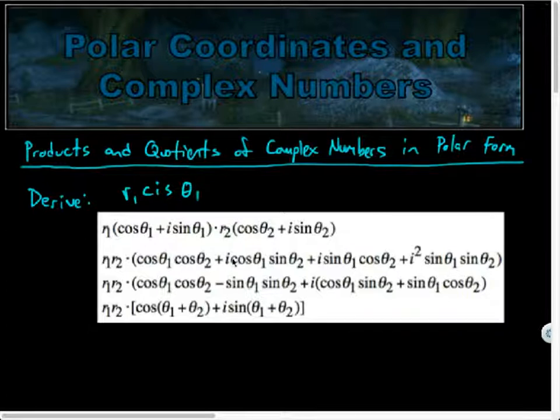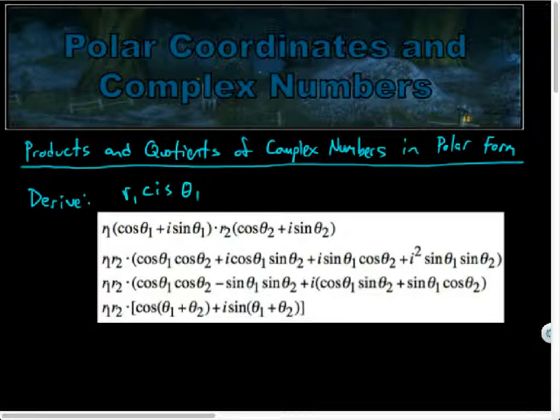And now what we end up doing is we group our like terms. The i squared is equivalent to -1. So then I'd have a negative sine theta 1 sine theta 2, and I moved that over here. So I've got my real components, so to speak, of this complex number, and then I've grouped the two imaginary components over here, and I've factored out the i from both of them.